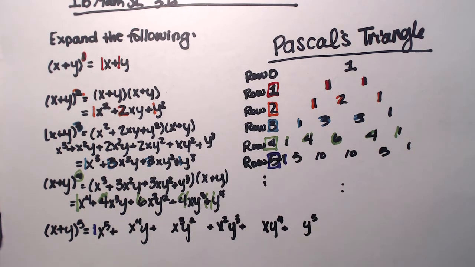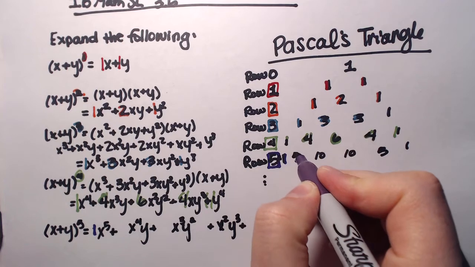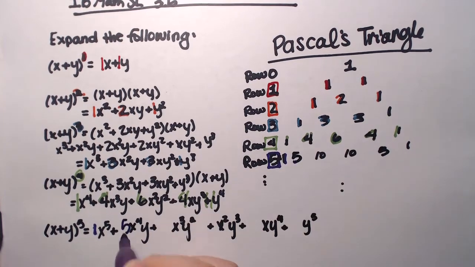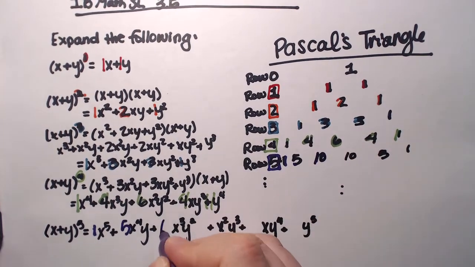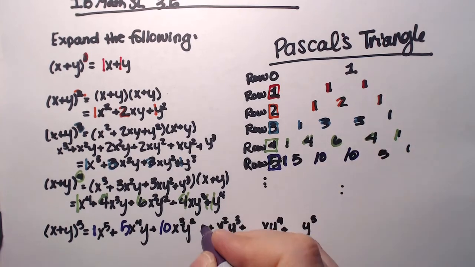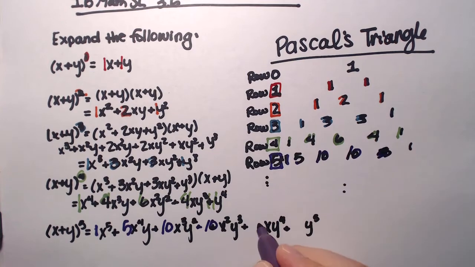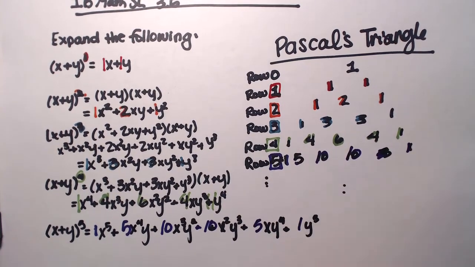And then the coefficients for that are just these numbers right here. So I have a 5, then a 10, and a 10, and a 5, and a 1.